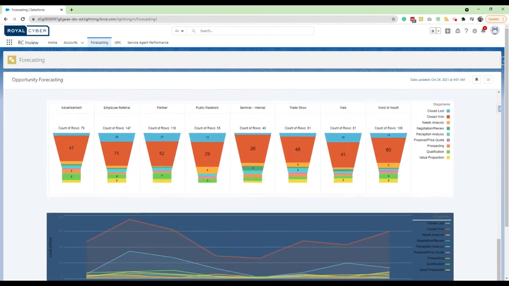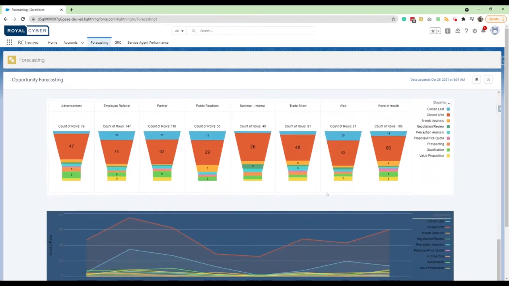Now this is a nice one where we're trying to say what's the source where you're getting this opportunity from. Some opportunities are basically from advertisements, some are from employee referral, some are from public relations, whatnot, or some are just word of mouth.